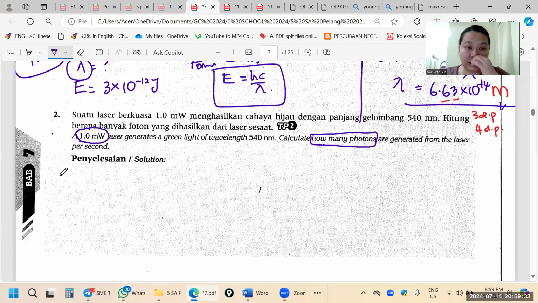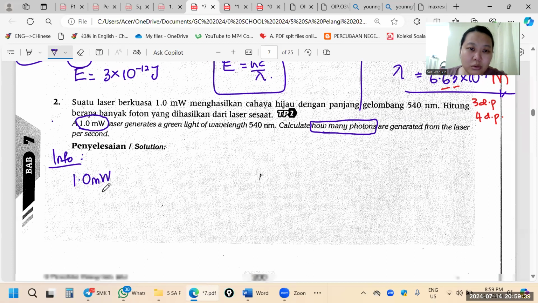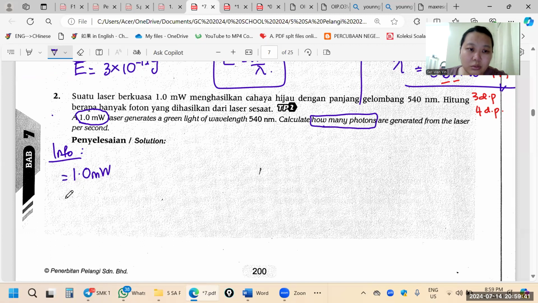So let's write the unit first. Okay, 1.0 MW, wavelength 540 nm. Calculate how many photons generated by the laser per second.